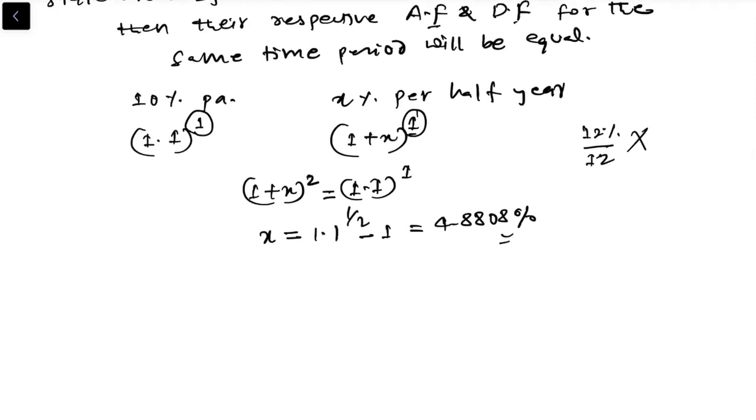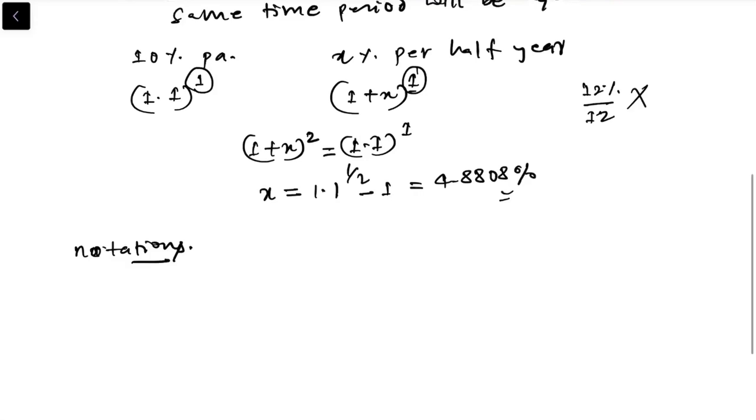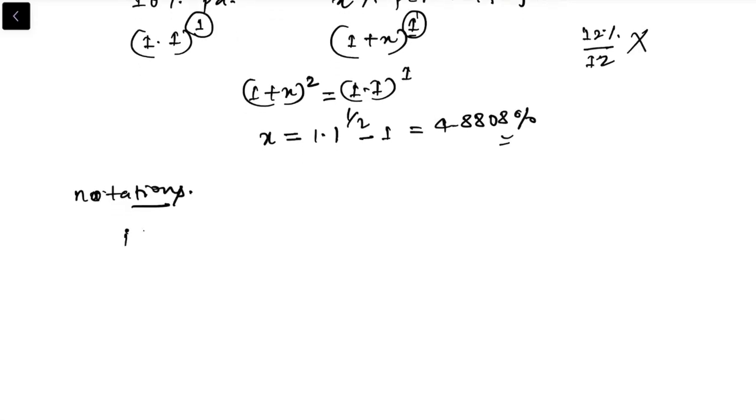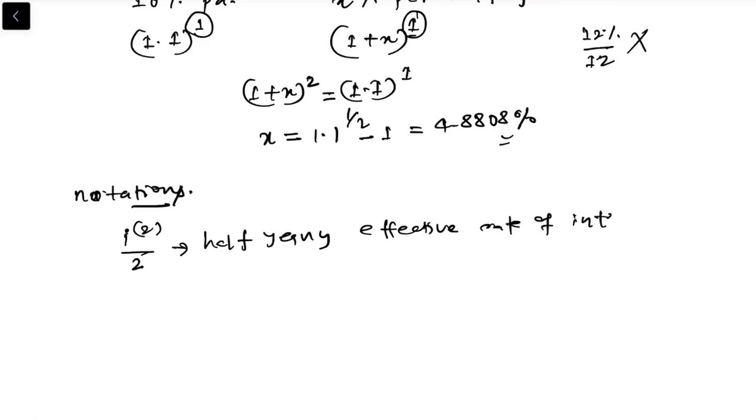Now let's understand a few notations of different types of interest rate. So notations. Whenever you see i(2) divided by 2, this means this is half yearly effective rate of interest. So you don't have to write this whole statement.